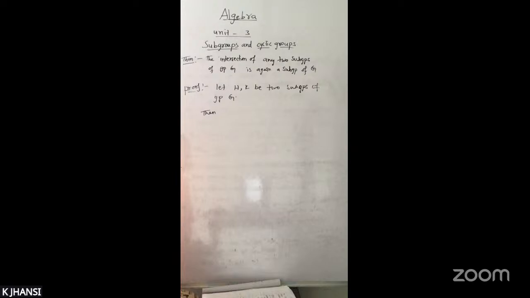So for solving this theorem, we'll take the identity element. Why? Because the identity element is a subgroup of G; it satisfies all the properties of a group.